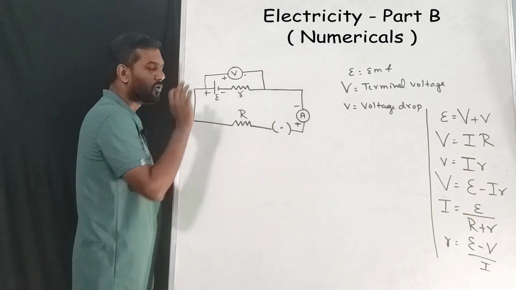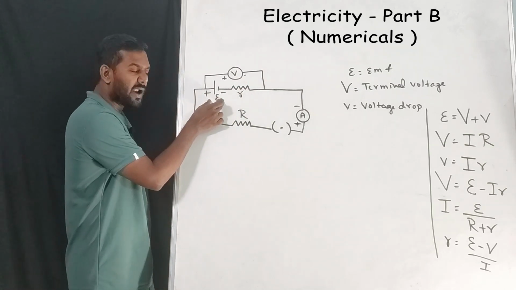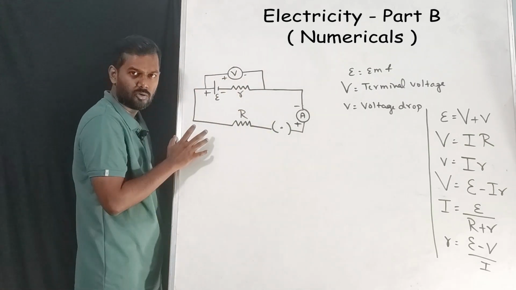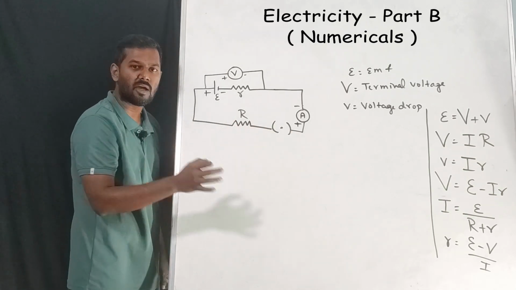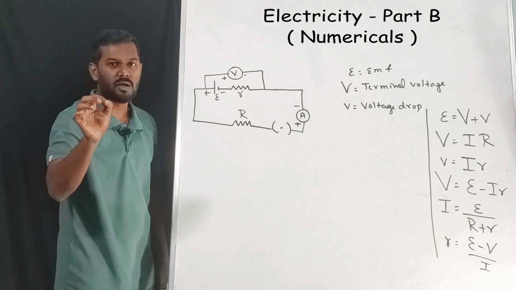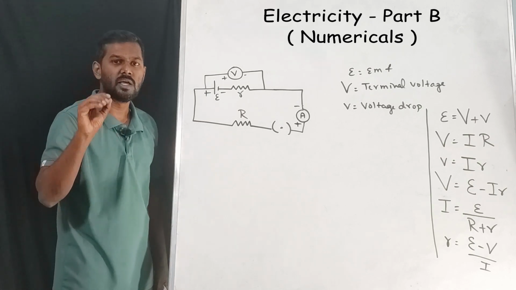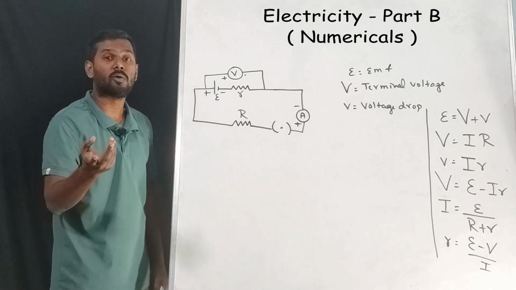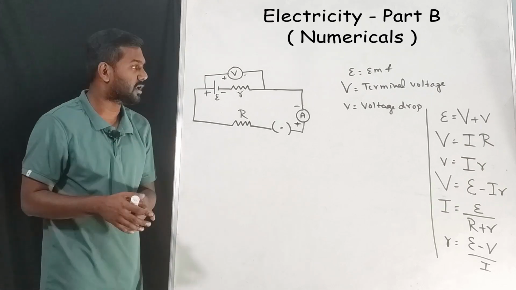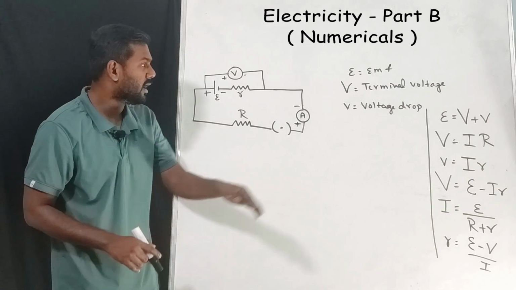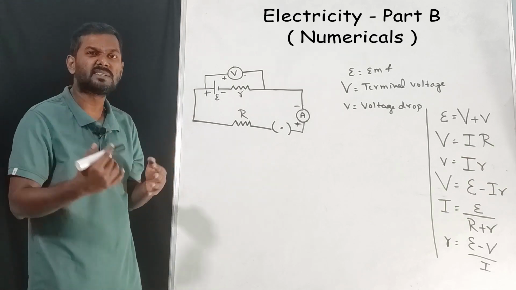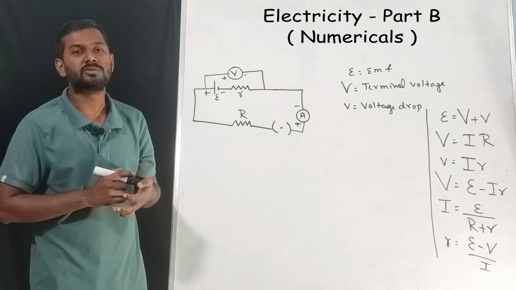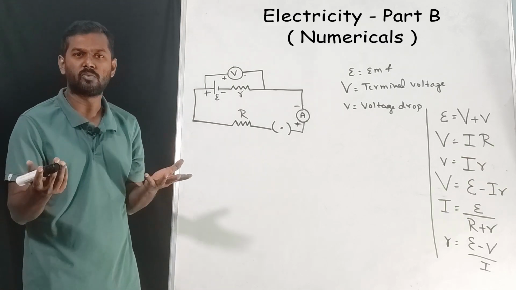Next, terminal voltage. Whenever I connect this battery to a circuit, we know the circuit and the appliances have some resistance. Because of that resistance, some voltage will be dropped, some voltage will be reduced. That reduced voltage is called voltage drop. How can we have resistance in a wire? We are not using superconductors, correct? What do you mean by superconductors?